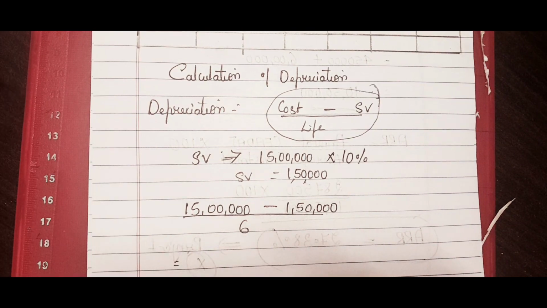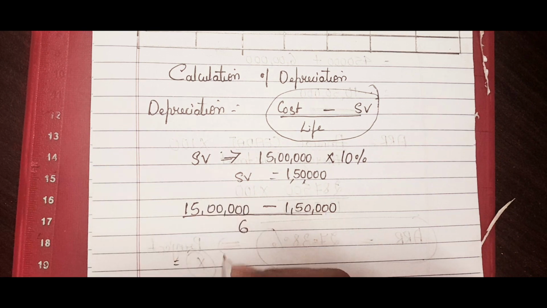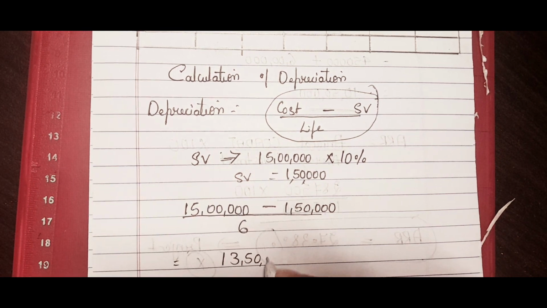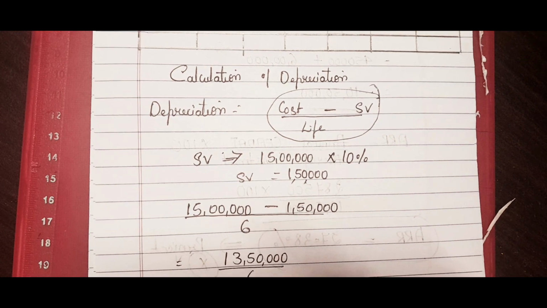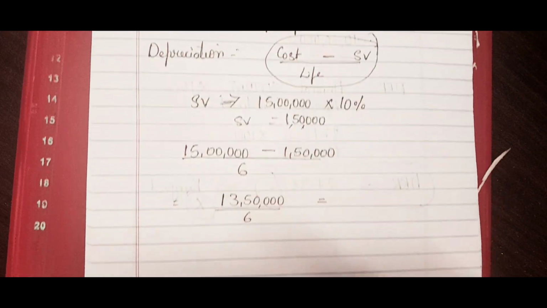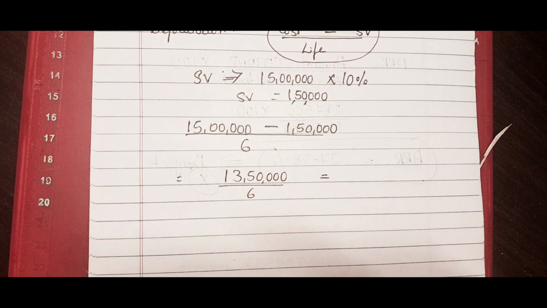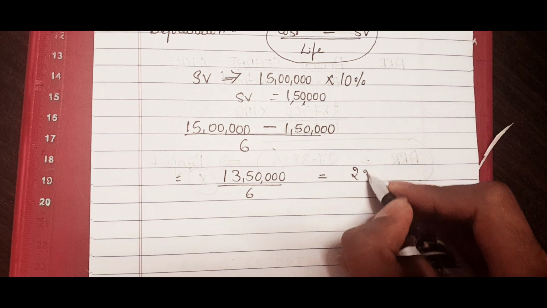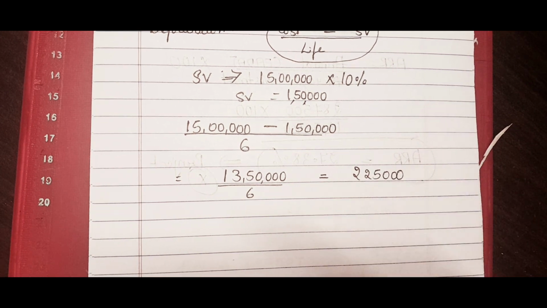So 15 lakh minus 1,50,000 will be 13 lakh 50,000 divided by 6, which is equal to 2 lakh 25,000. This is project Y depreciation.